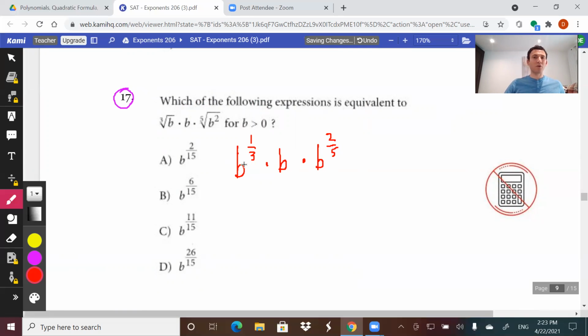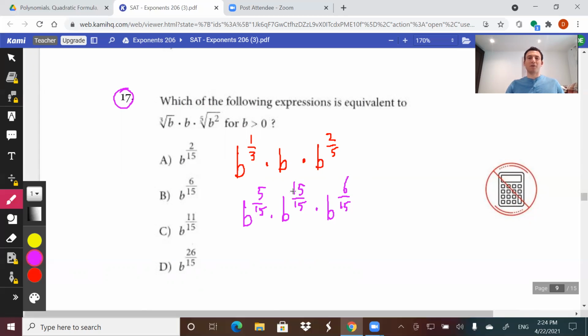So they all have the same base, they have different tops. We want to add the tops, but as you remember with fractions, and this is at the heart of the exponent problems on the test, they love this idea. You can't add the fractions on the tops unless they have the same denominator. So we're going to call this b to the 5 over 15 times, sorry, that is a 15 there, times b to the 15 over 15 times b to the 6 over 15.